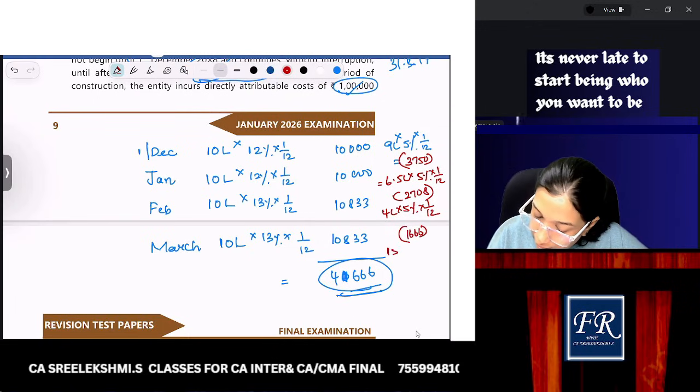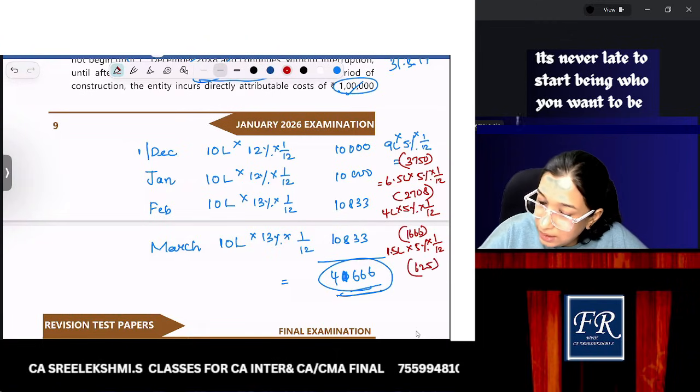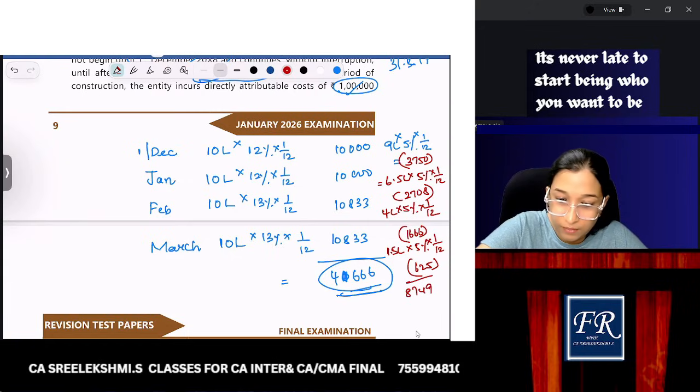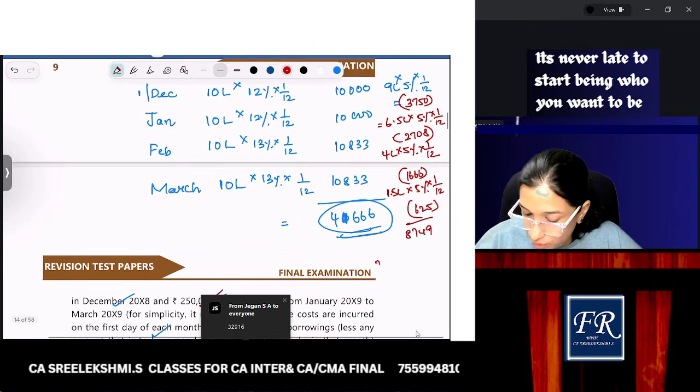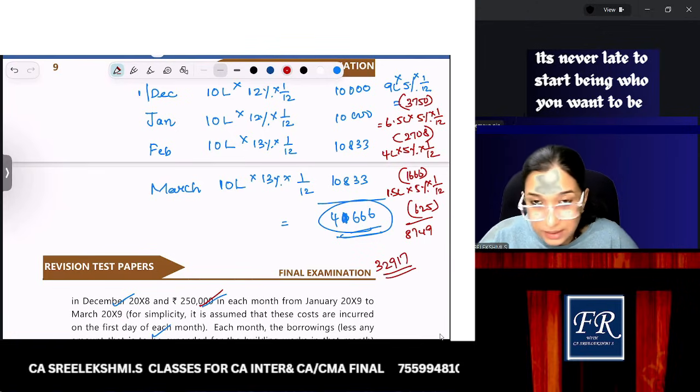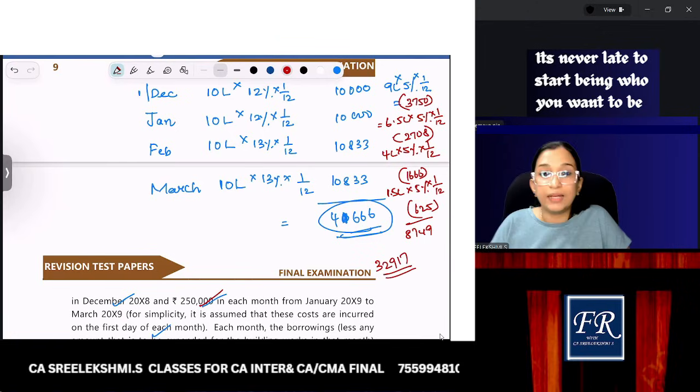And last, 1 lakh 50, because 2 lakh 50 keeps reducing, 666. So how much interest income have you received during this period? 8749. So 41666 minus 8749, 32917 or 32916. This is the interest that can be capitalized.